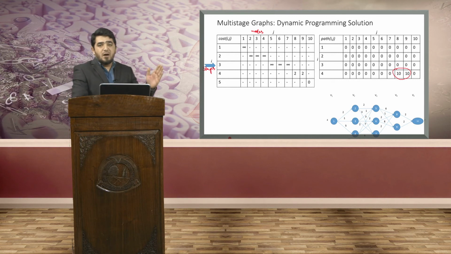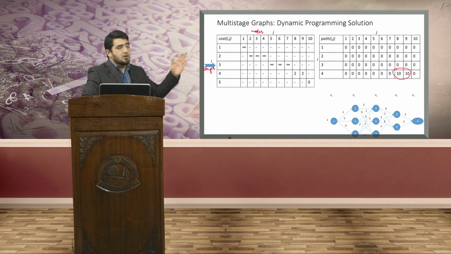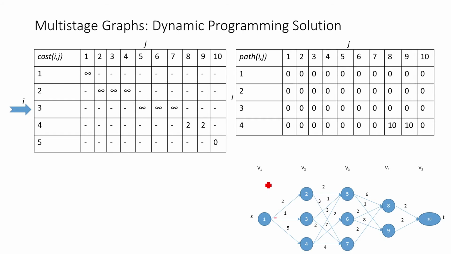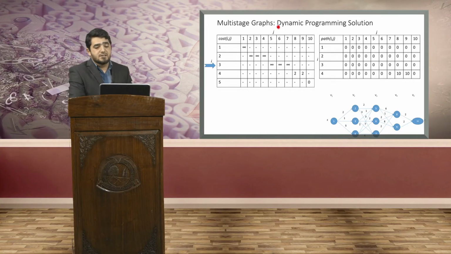Obviously, k in our case is 5, so k minus 2 will be 3, and we'll start from stage number 3. In stage number 3 we have 3 nodes: 5, 6, and 7. So let's select node number 5 first.